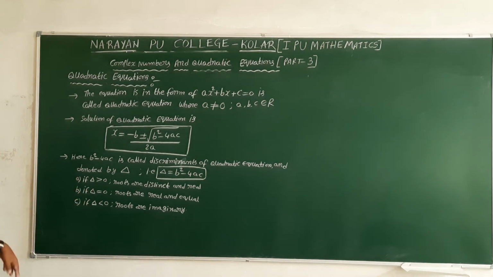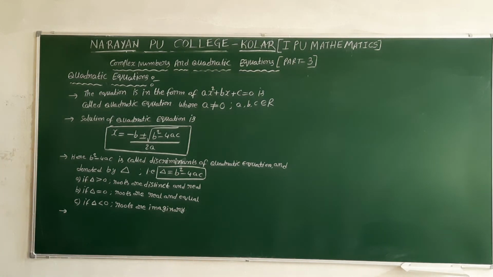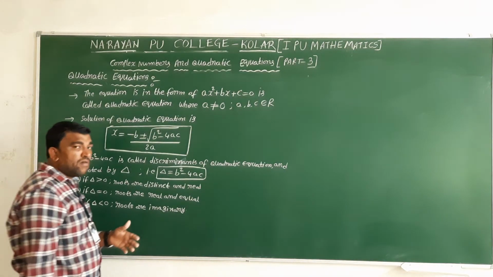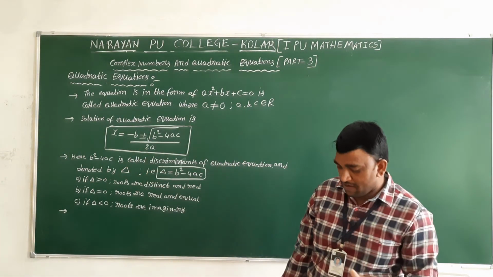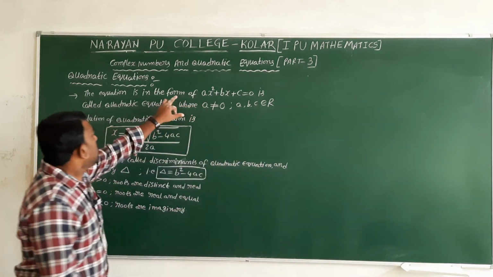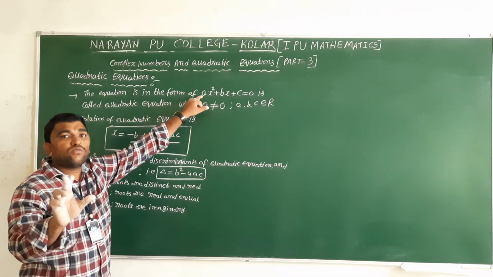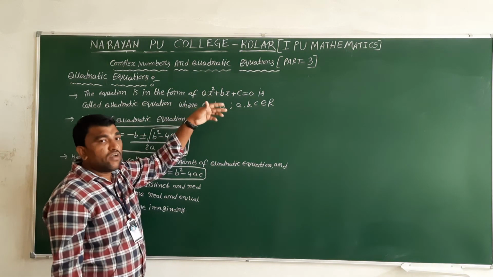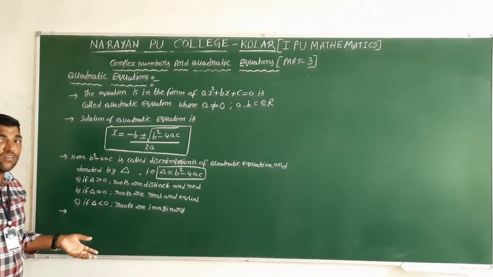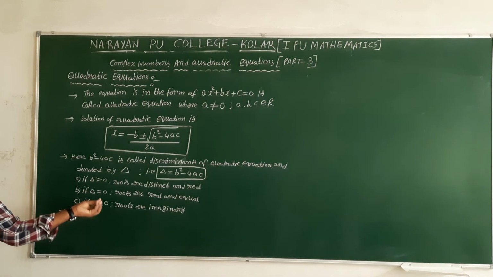Before going to that, one more thing. Suppose alpha comma beta are the roots of the given quadratic equation. We know any quadratic equation consists of two solutions, or two roots, that we can take as alpha and beta.